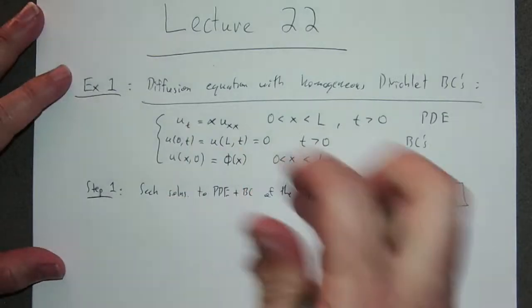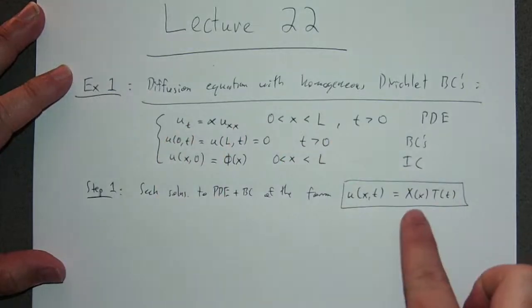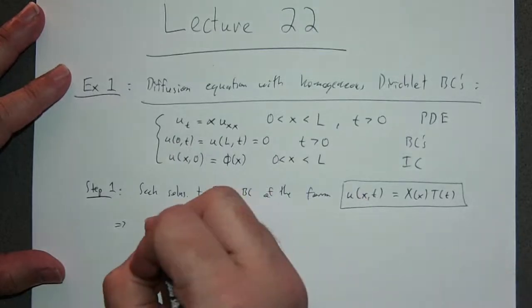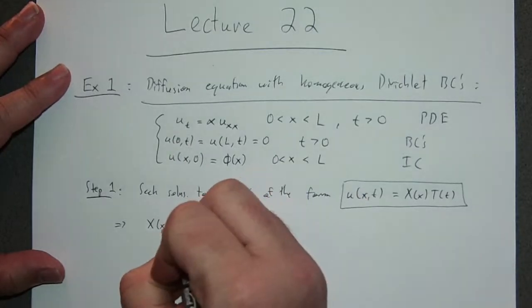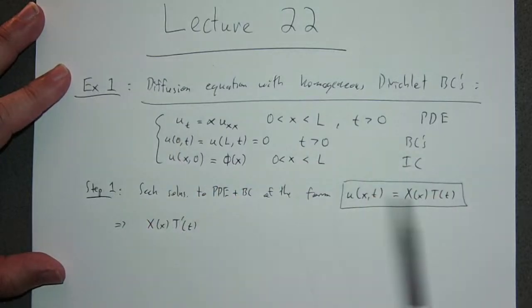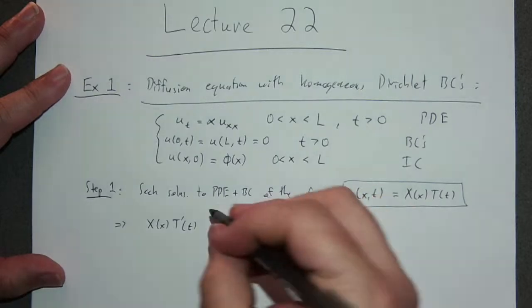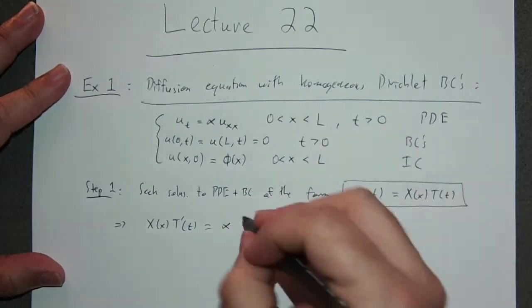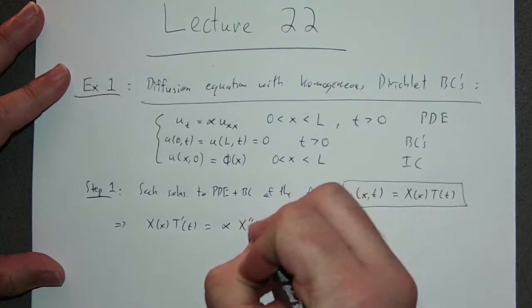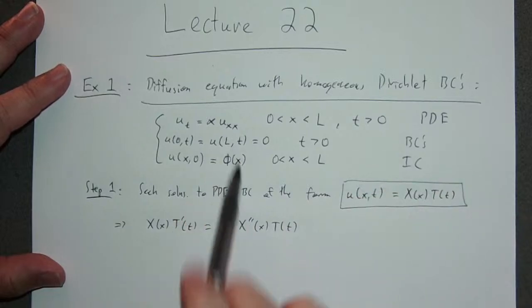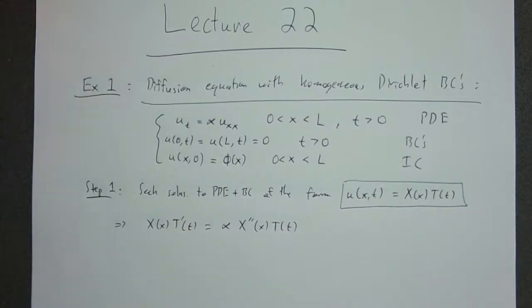Well, if this is going to solve the PDE, then plugging this in directly gives me X(x) T'(t), so the partial in t becomes a full derivative for this function that only depends on t, and that is equal to the constant alpha times X''(x) T(t). Again, these partial derivatives with respect to x become full derivatives of this function X with respect to x.